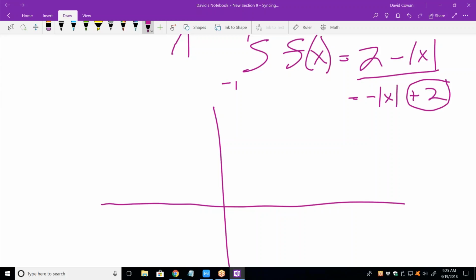So if we graph this function, I'm going to draw the v upside down, and then I'm going to shift it up. The order does matter. Always remember, do your reflections first. So here's what I've got, and that is at 2. What are the slopes of those two lines?